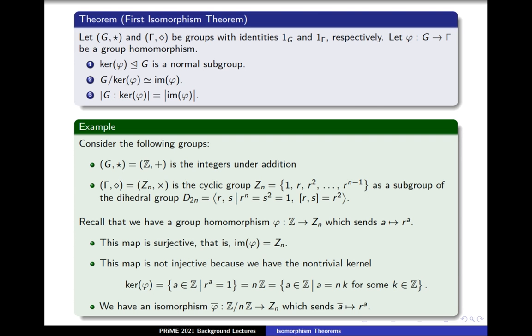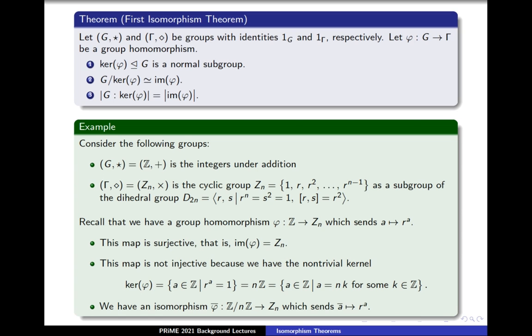So let's look at the kernel of phi. It is the set of a in Z such that r to the a is equal to 1. This is equal to n times the integers, nZ, or the set of all little a in Z such that little a equals n times k for some k in the integers Z.